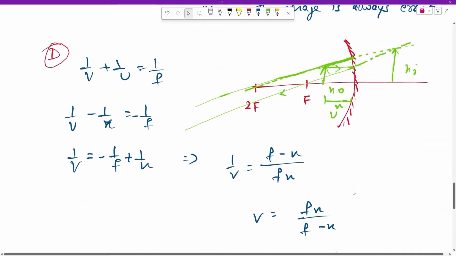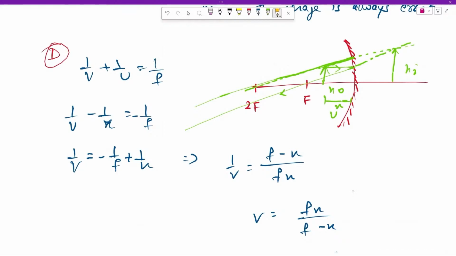Now let's focus on the last question. The last question said that the object placed between the pole and the focus of the concave mirror produces a virtual and enlarged image. We have to prove that. So let's assume that the distance between the object and the pole of the mirror is x. Now using sign convention, we can write u as minus x, and I have substituted it in the mirror equation, 1 by v plus 1 by u equals 1 by f.